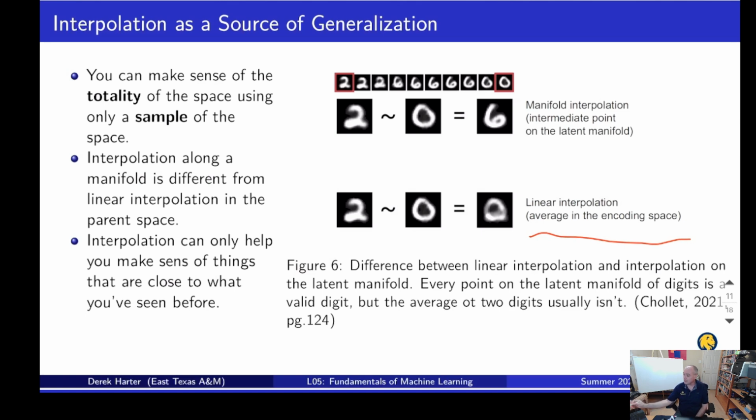So the manifold interpretation is saying that the space lies along a smooth continuum. So instead, if I was modifying single pixels at a time, I could get an interpolation that would transform 2s into 0s. And along the way, you might end up in spaces that are other things in the space, like 6s or so. So interpolation along a manifold is different from linear interpolation, and it can only help you make sense of things that are close to what you've done before.